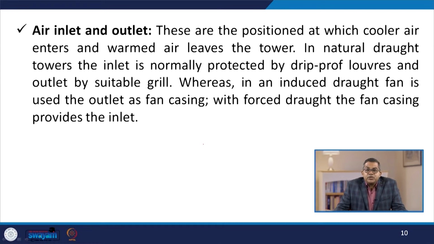Now, these are positioned where the cooler air enters and warm air leaves the tower. In a natural draft tower, the inlet is normally protected by drip-proof louvers and the outlet by suitable grills, whereas in an induced draft tower the fan casing serves as the outlet. With forced draft, the fan casing provides the inlet.